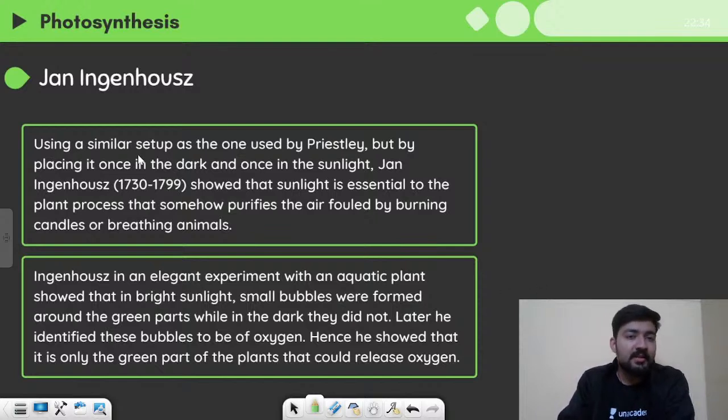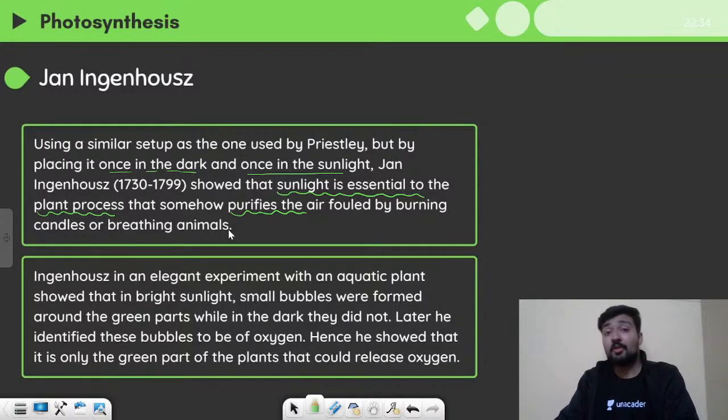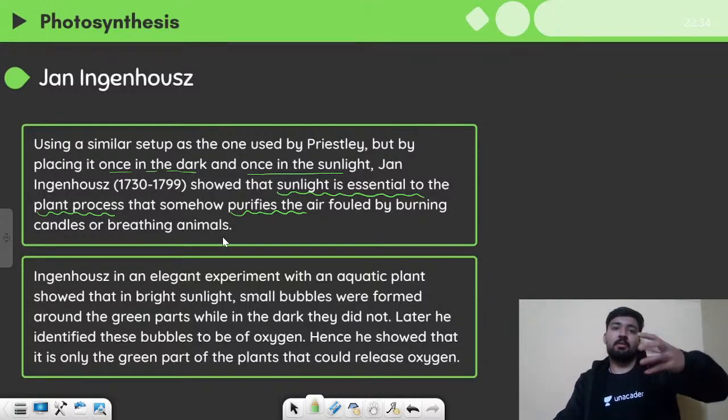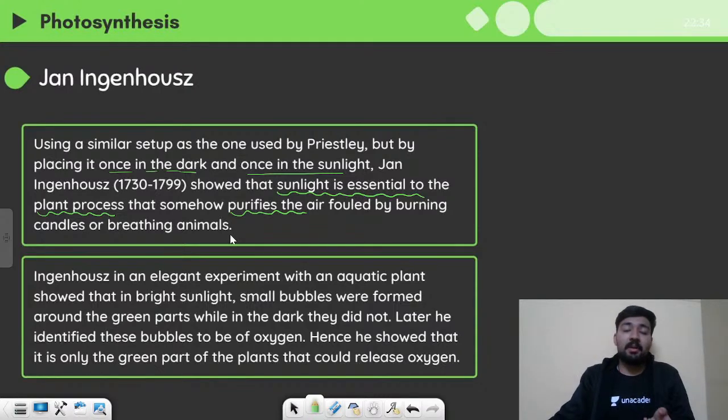See, using a similar setup as the one used by Priestley, but placing it once in the dark and once in the sunlight, Ingenhousz showed that sunlight is essential for the plant process, for the survival of the plant, for photosynthesis, and for that particular process which purifies the air fouled by burning candles and breathing animals. So he said that the whole procedure of restoring the air which is performed by the plants is only possible in the presence of sunlight. Sunlight is important for whatever process is happening in the plant, right?